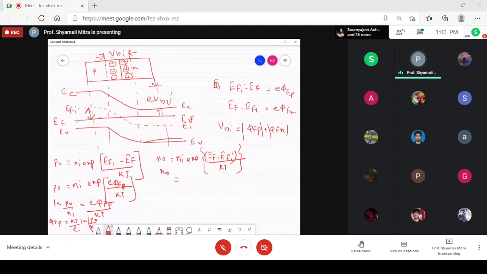So I think it was EFI minus EF. So nobody corrected me. So this is EFI minus EF is equal to E of F phi n. So Ni is equal to EXP, because EFI is at a higher energy level corresponding to EF. So at the P side, at the N side, what is happening?